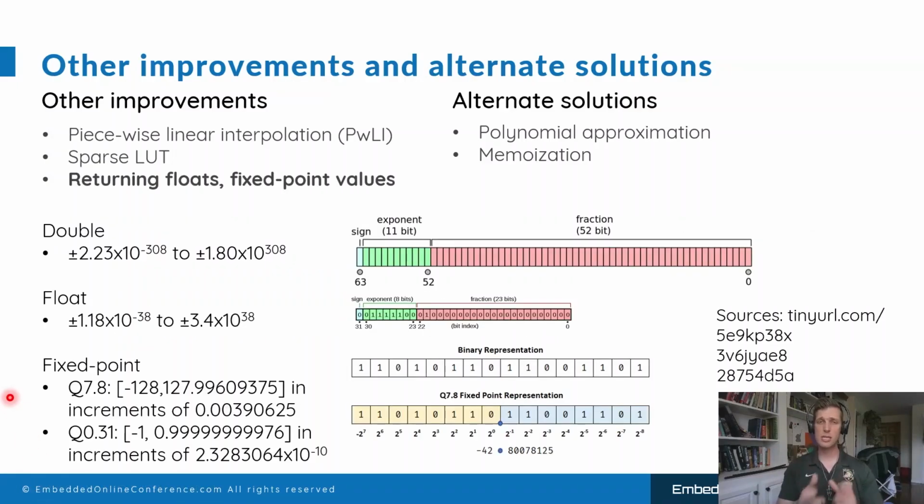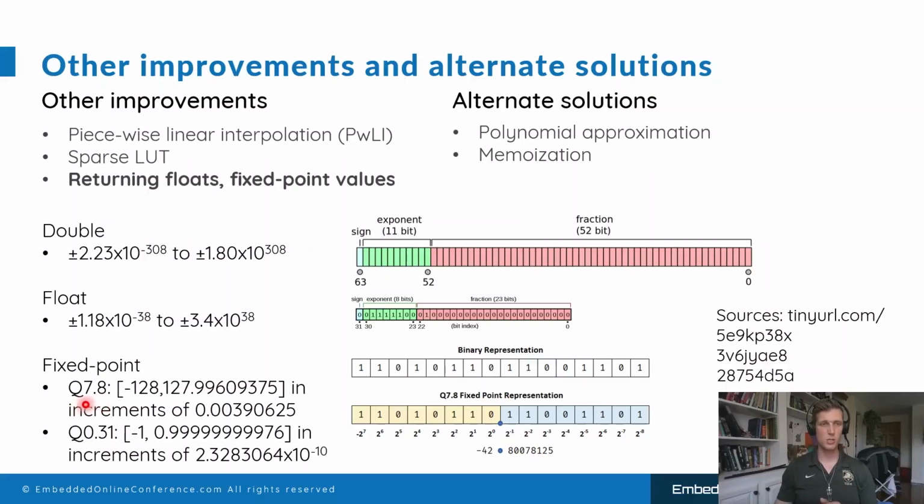Additionally, I can change the data type that's stored in my array. If I'm just worried about size, but I want to keep my precision, I can switch from a double precision floating point number to a single precision floating point number and cut the size of my lookup table in half. Additionally, I can switch from floating point numbers to fixed point numbers, which use integer numbers to represent both integer and fractional portions.